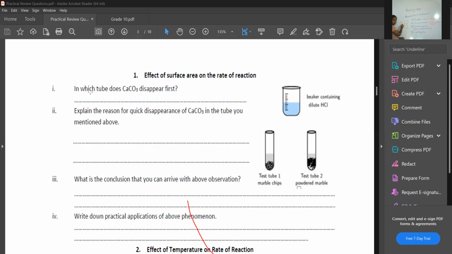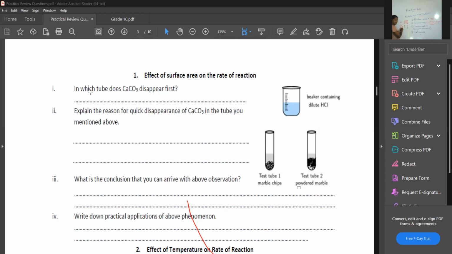A dilute sample means there are more water particles. I will color the water particles here, and these are HCl. More water particles are there, but the reactant is HCl.